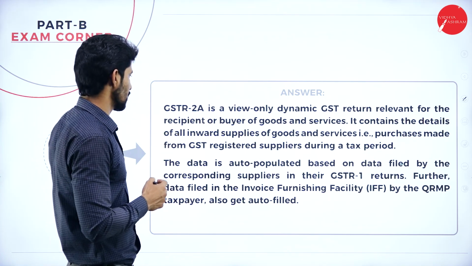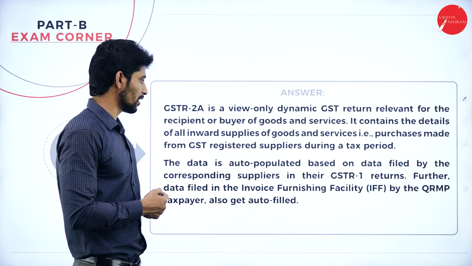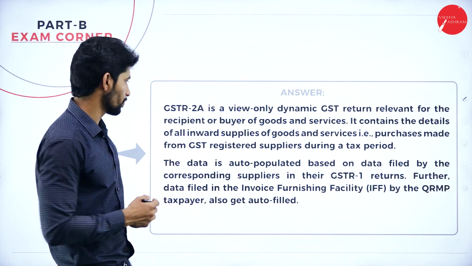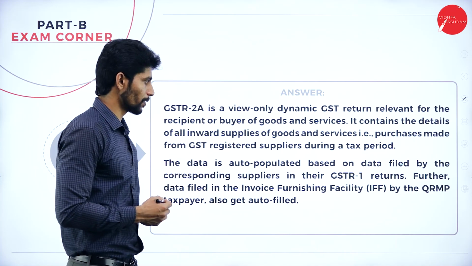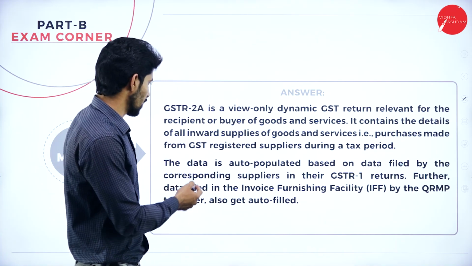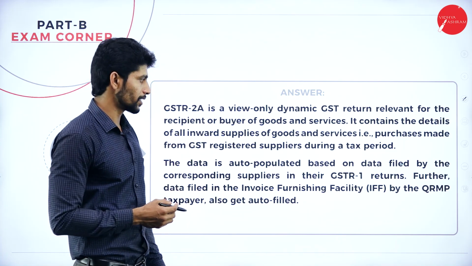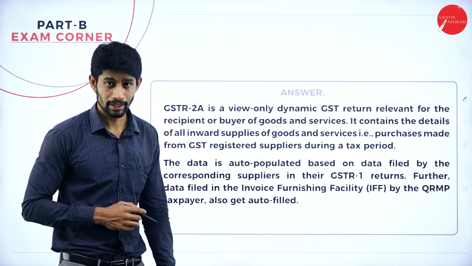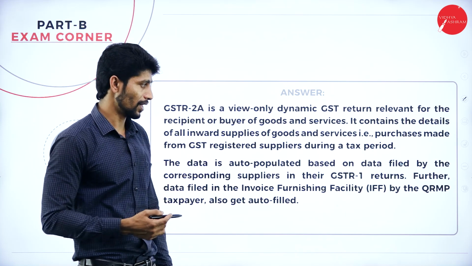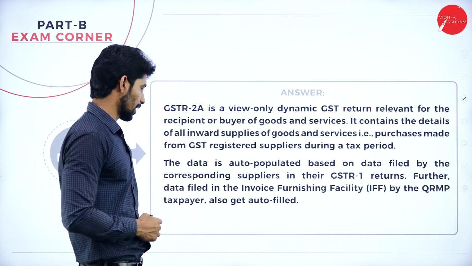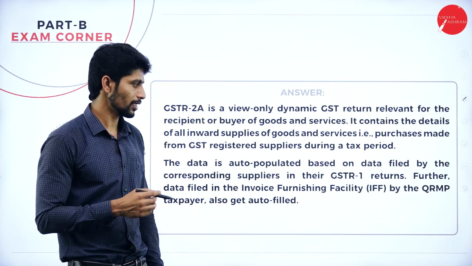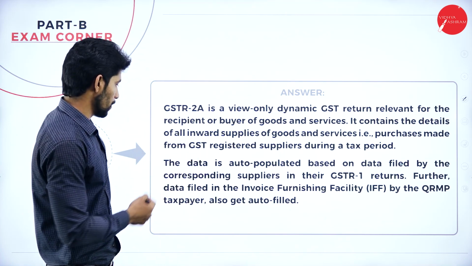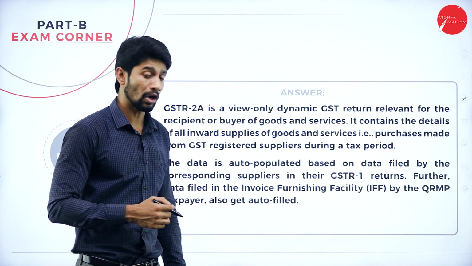It contains the details of all inward supplies of goods and services, that is purchases made from GST registered suppliers during a tax period, and the data is auto-populated based on the data filled by the corresponding supplier in their GSTR1 returns. Further, data filled in the invoice furnishing facility by the QRMP taxpayer also gets auto-filled.